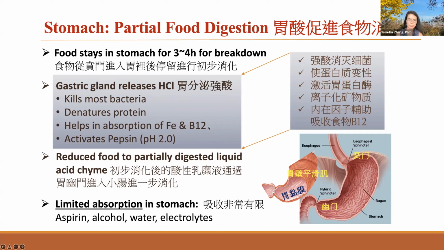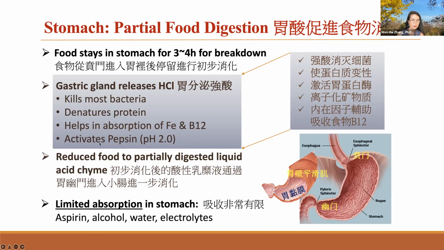B12 is a B vitamin. The absorption of vitamin B12 requires an intrinsic factor that's secreted in the stomach. So stomach acid is very important for absorption of minerals and vitamin B12.